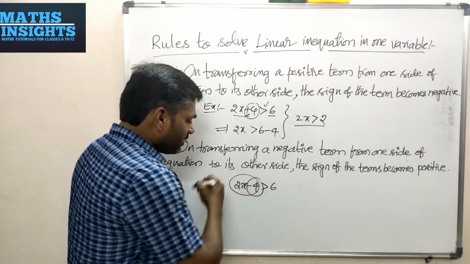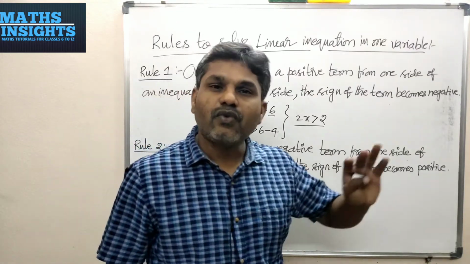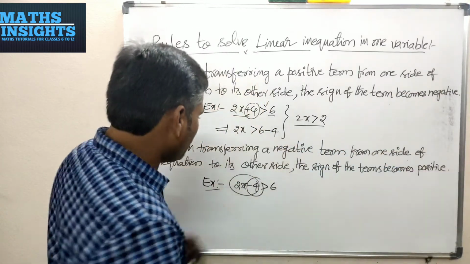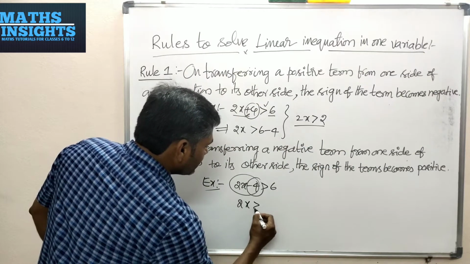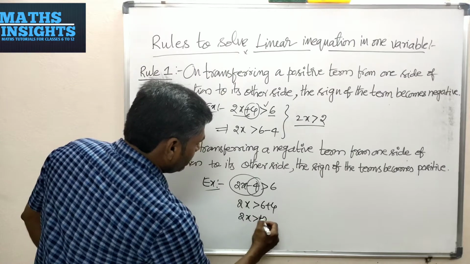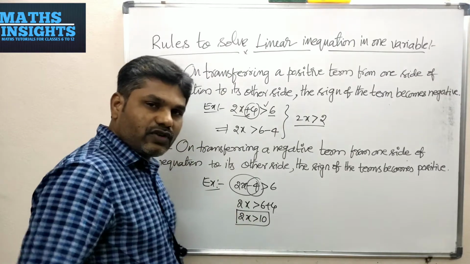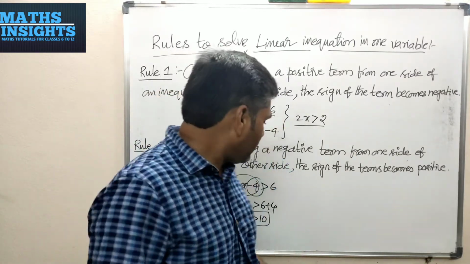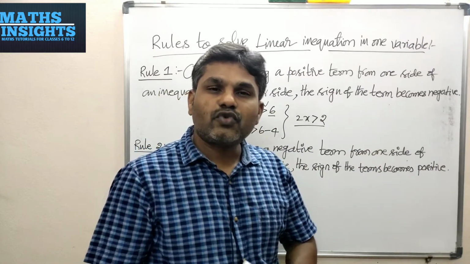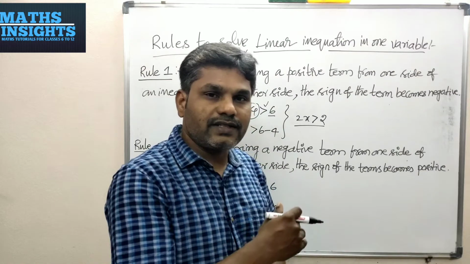When I transfer this negative 4, since it is negative, it will become positive as per this rule. Therefore 2x is greater than 6 plus 4. That implies 2x is greater than 10. So in this way we transfer positive or negative terms to the other side.